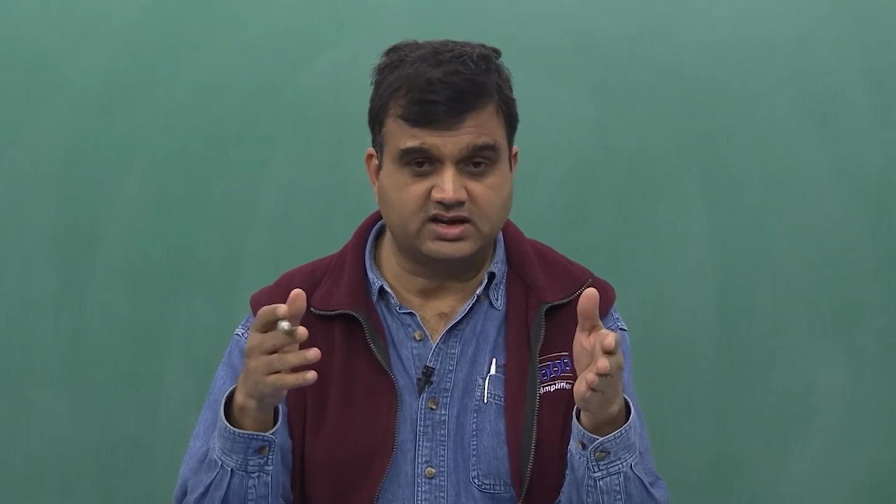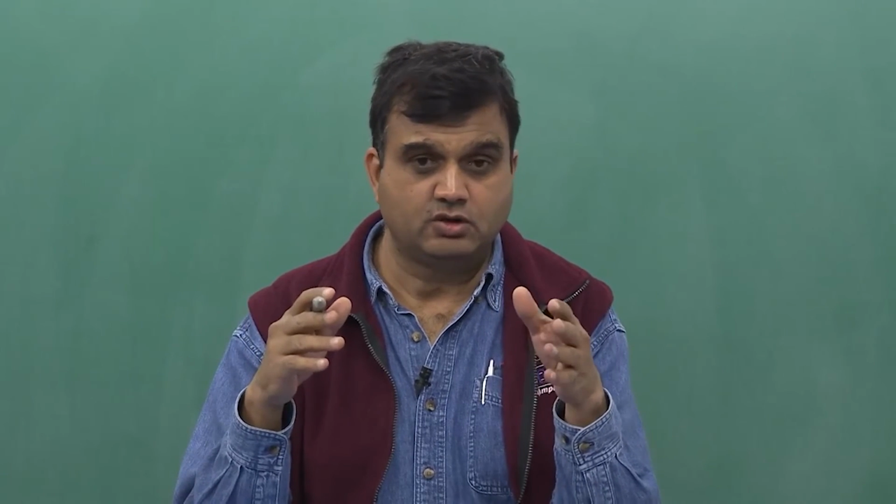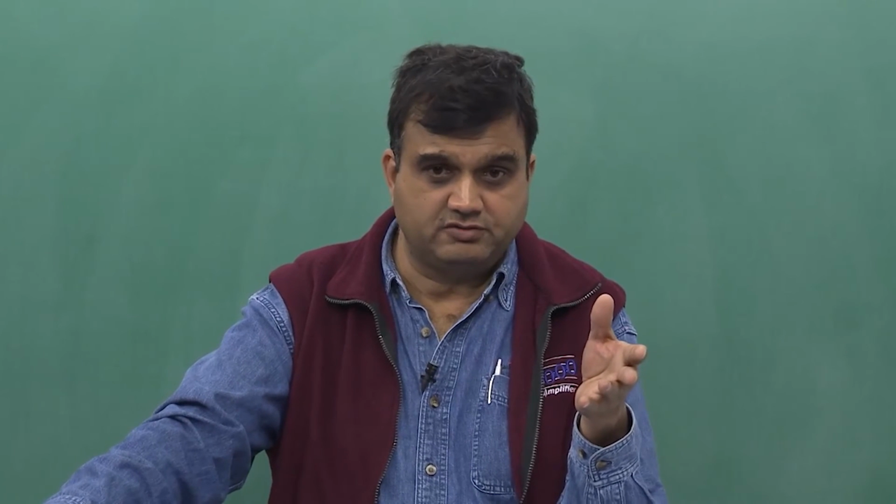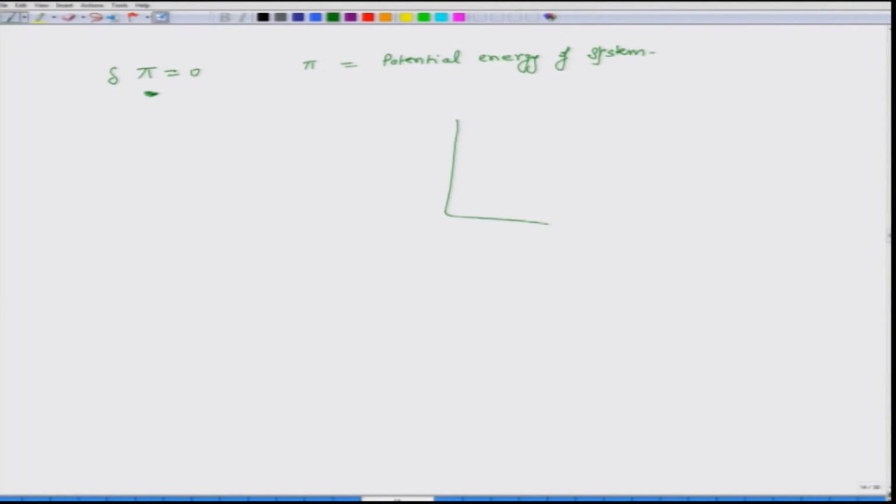I mean, suppose at this place your derivative will be 0, also at this place the derivative will be 0. This variational operator, we have seen that it behaves very much similar to a differential operator.